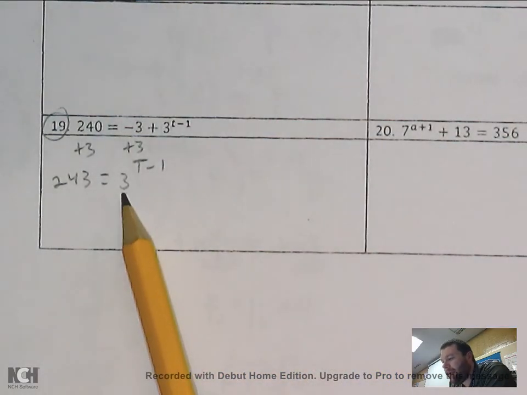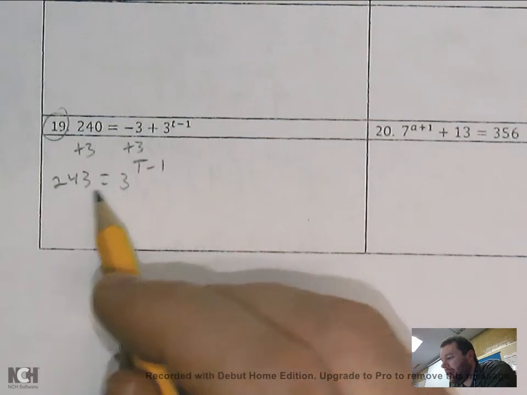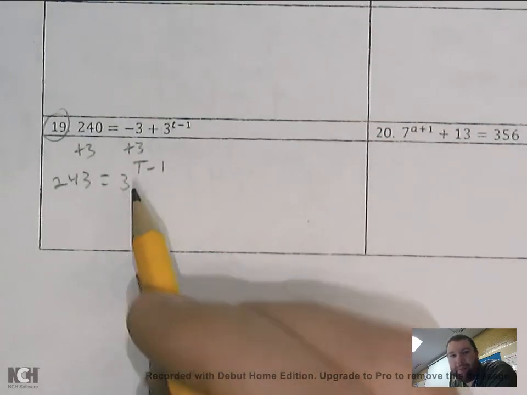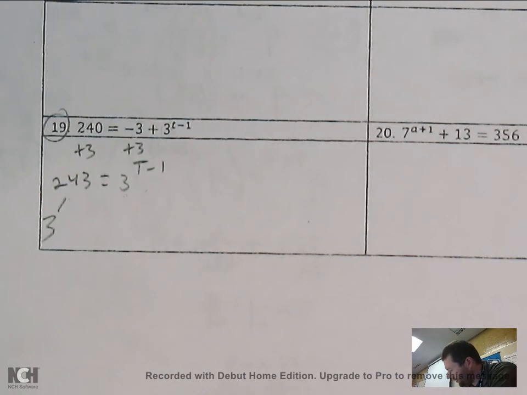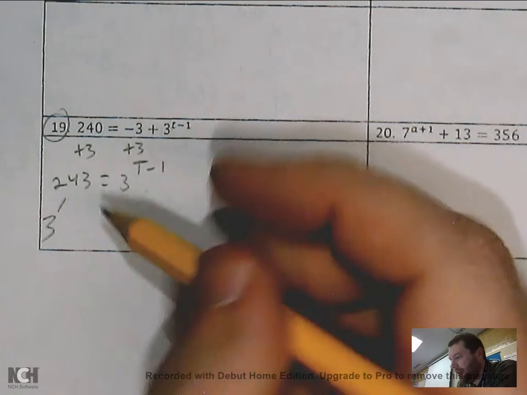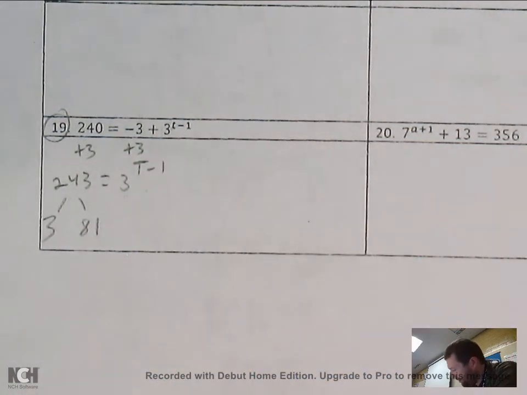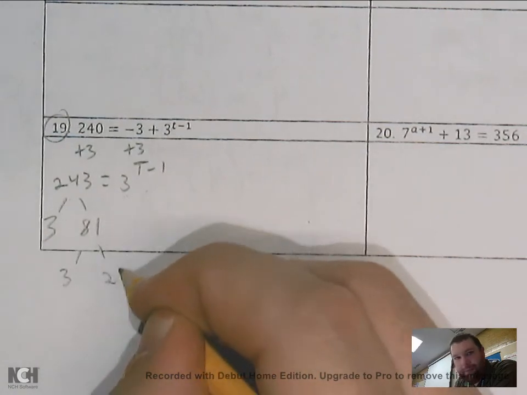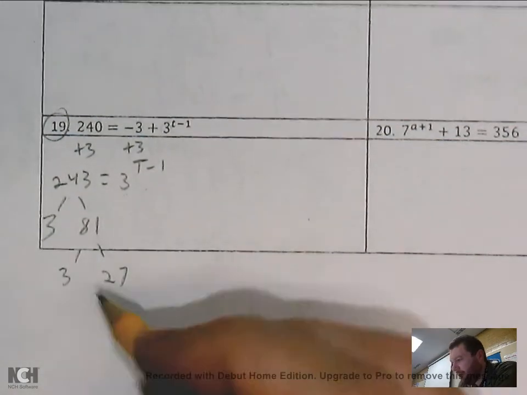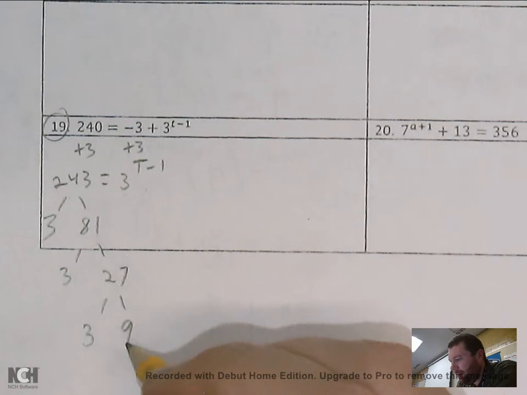Now this base is isolated, so now I'm trying to get this side to a base of 3. So I'm going to divide by 3 until I get to 3. So 243, this one's going to be a big one, is 81. Divide that by 3, and you get 27. Divide that by 3, and you get 9.